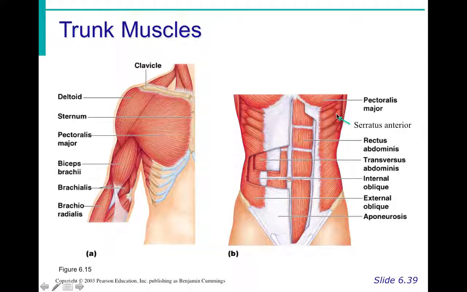And in order to abduct and rotate the scapula, if you think about a boxer who throws a punch, they generally have really, really big serratus anterior muscles. Because in order to make a punch rotate and extend, they are abducting the scapula and rotating the arm. So they're doing both of the actions that are going to make serratus anterior work. So that's one that I want you to know.